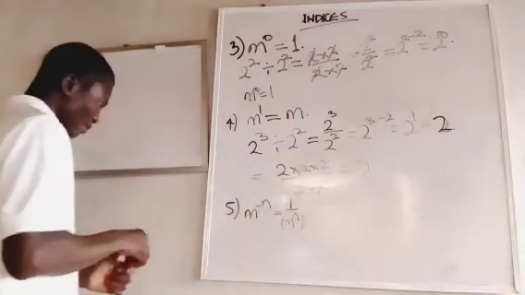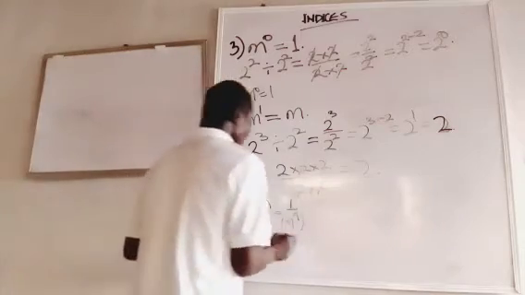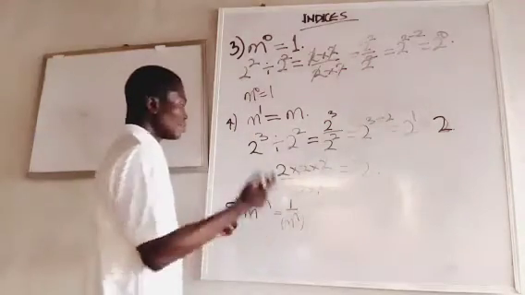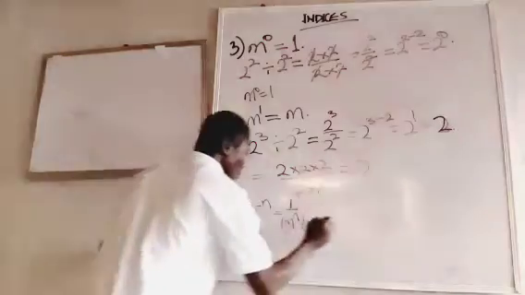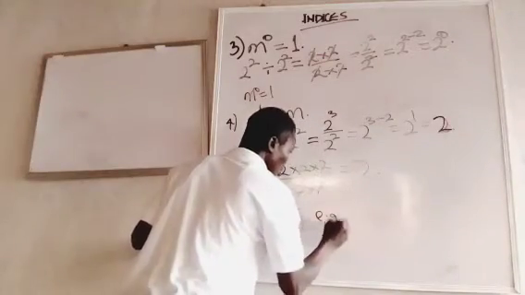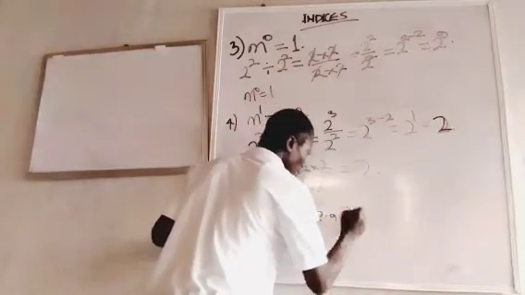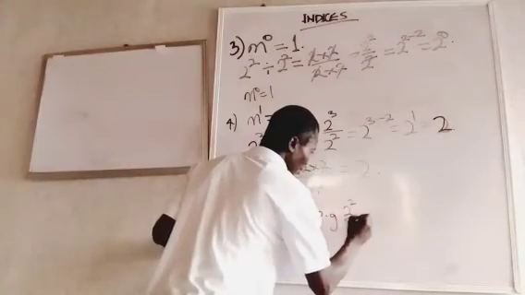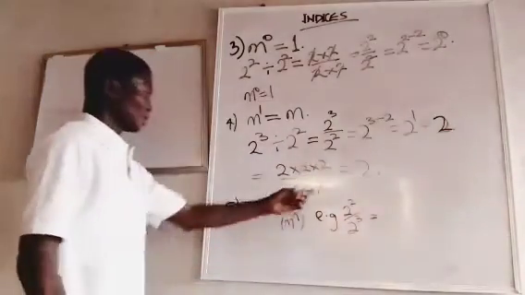Let's assume we have 2 raised to power 2 divided by 2 raised to power 3. You can see.